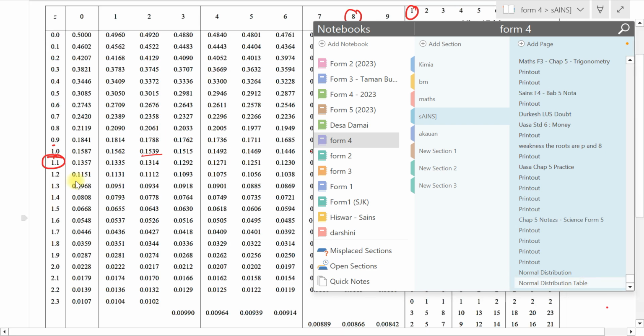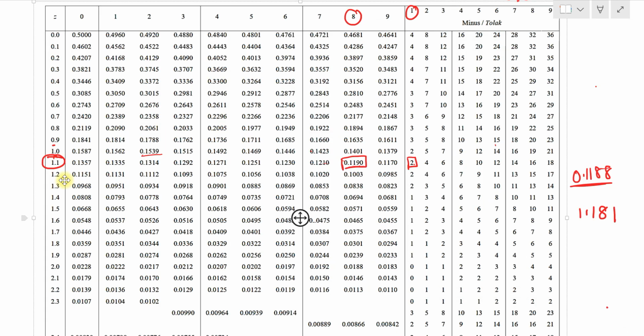0.2629. Where is 0.2629? We have 0.2643. And 0.2611. We are finding 0.2629. So slightly larger is this one.